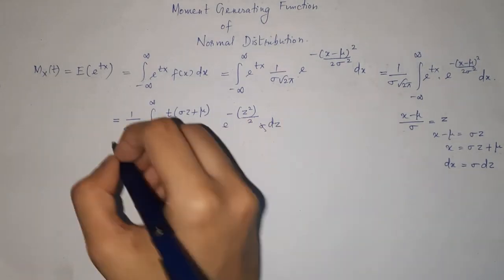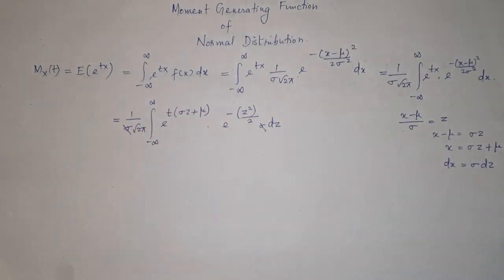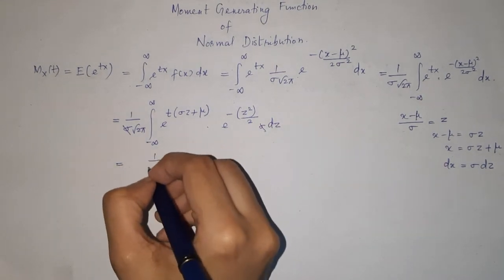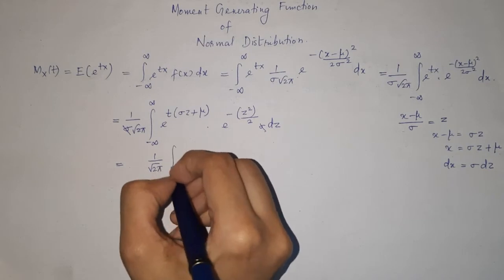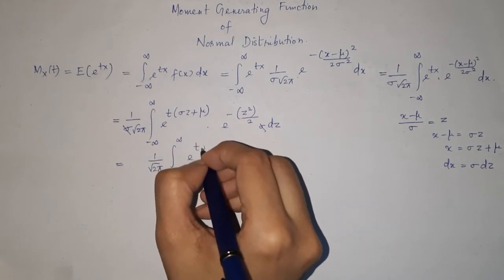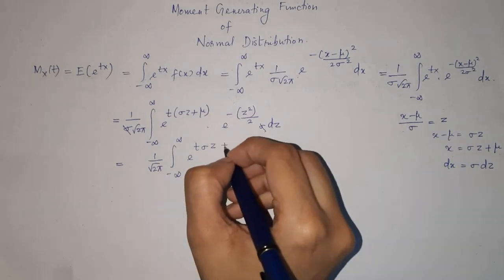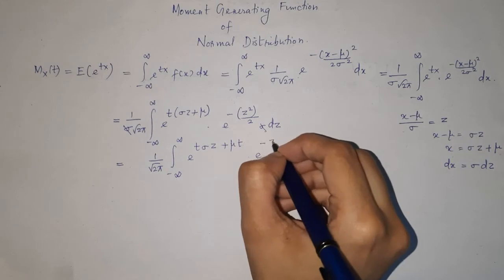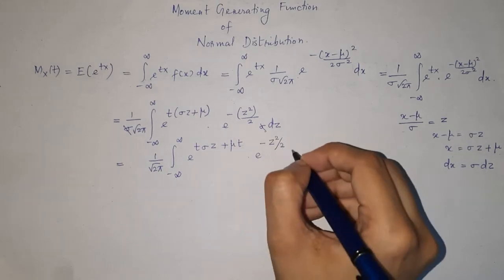So this sigma and this sigma get cancelled. And what is left is 1 by root 2 pi, the integral from minus infinity to infinity of e raised to t sigma z plus mu t into e raised to minus z square by 2 dz.